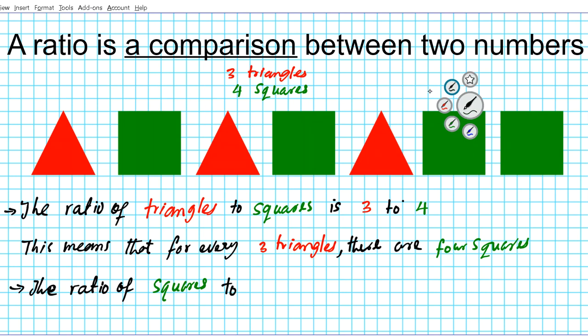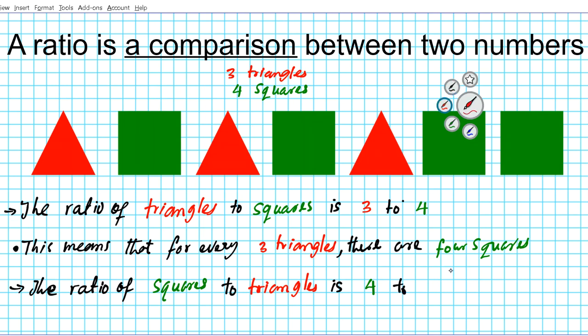What is the ratio of squares to triangles? Well, we already counted the number of squares and triangles we have. We know that there are 4 squares and 3 triangles. So the ratio of squares to triangles is 4 to 3.